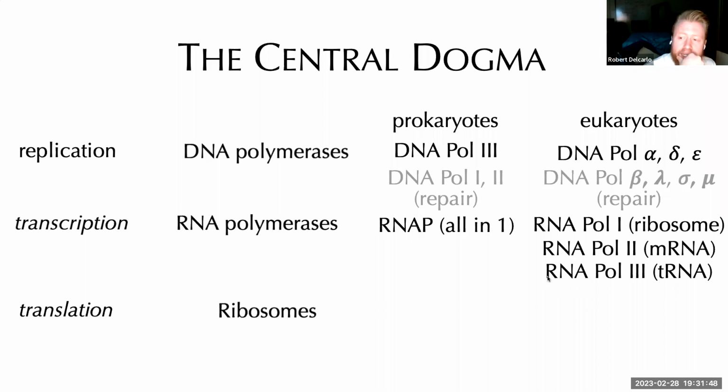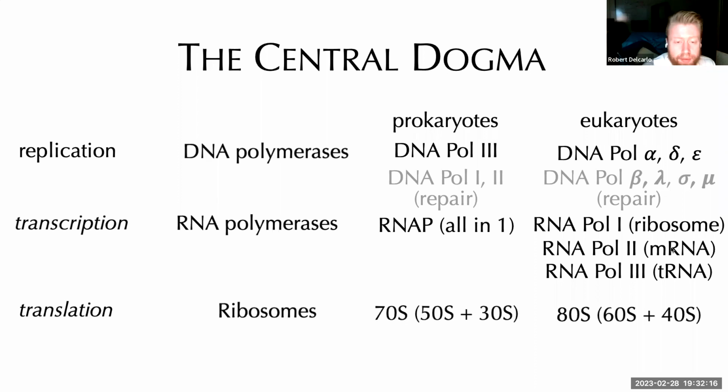And then RNA polymerase 3 generates the tRNAs, or the transfer RNAs, that are basically molecular handles to carry amino acids into the ribosome to base pair onto the mRNA and grow an elongating chain of proteins. Or a peptide, rather.